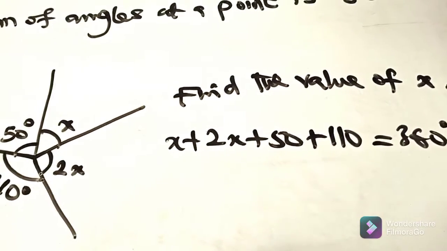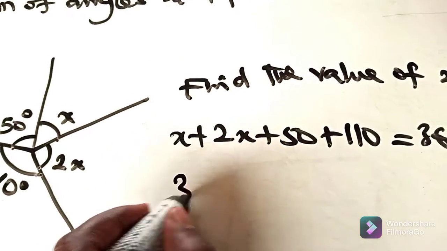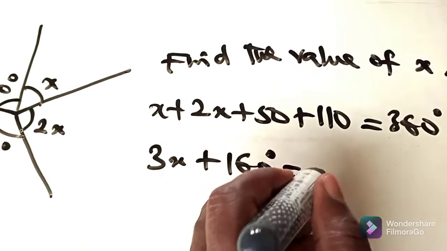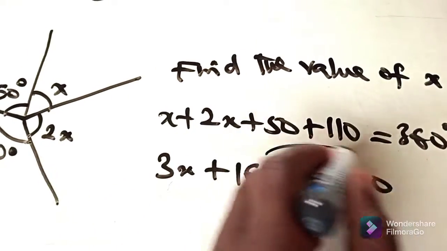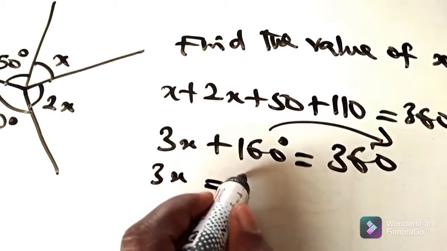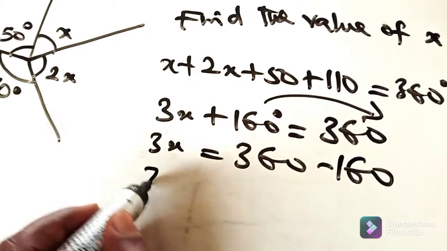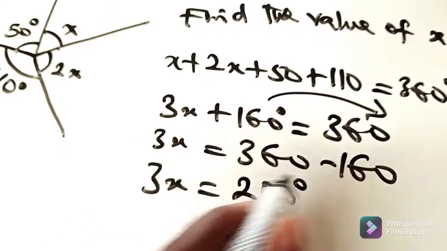because sum of angles at a point is 360. So we're going to have 3x plus 160 degrees equal to 360 degrees. Now, if you take this out, we are going to have 3x equal to 360 minus 160, and 3x will be equal to 200 degrees.